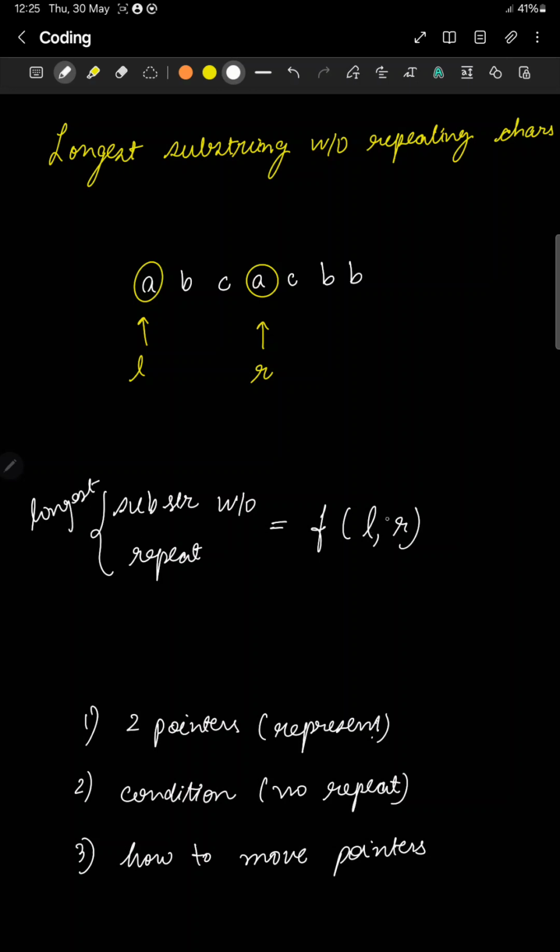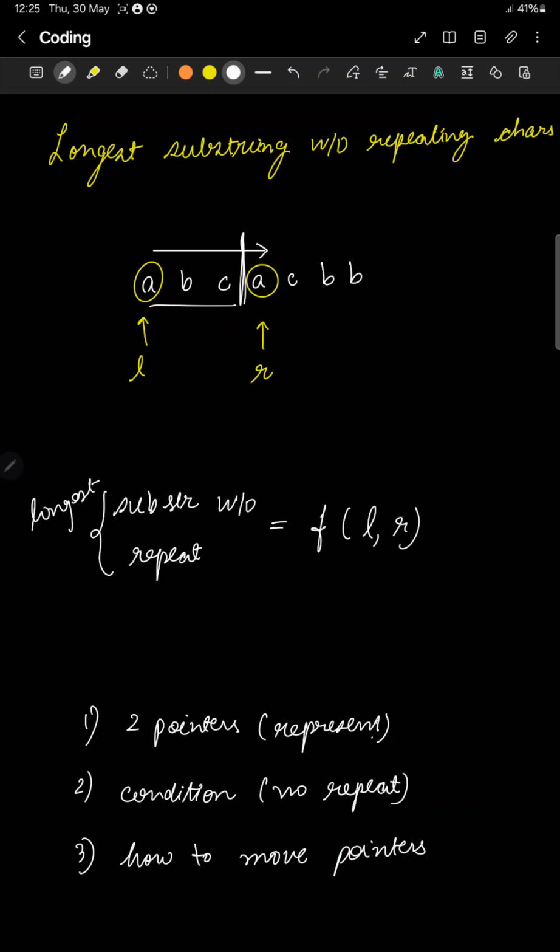If we keep our left pointer fixed, how far can I possibly go creating a substring without repeating characters? If I keep moving in this direction and find another a, I cannot move beyond that. So that is the maximum possible answer I can get with my left pointer fixed.